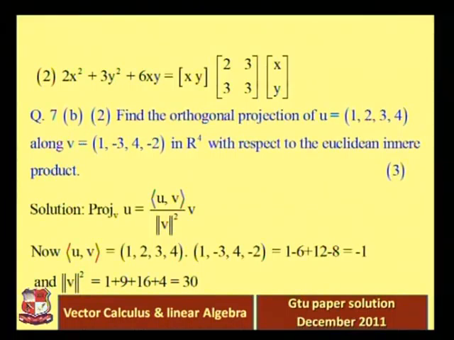And the final question, question 7b: find the orthogonal projection of u equal to (1, 2, 3, 4) along v equal to (1, minus 3, 4, minus 2) in R4 with respect to the Euclidean inner product. So the projection of u on v is defined as inner product of u and v upon norm v square, into v.